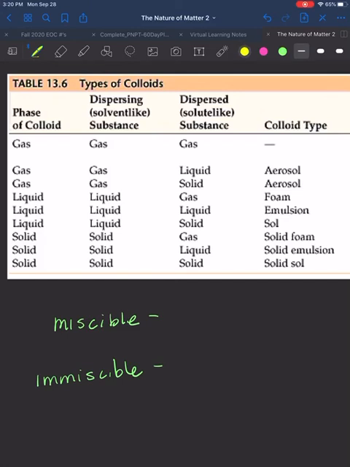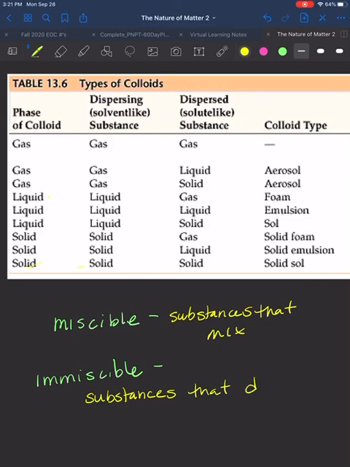If two substances, pick any off these charts, solid and solid, a liquid and a gas, a gas and a gas, if they will mix together uniformly, they're called miscible. So substances that will mix are called miscible, right? Mixable, miscible. If they don't mix together, so oil and water would be immiscible because they don't mix together.